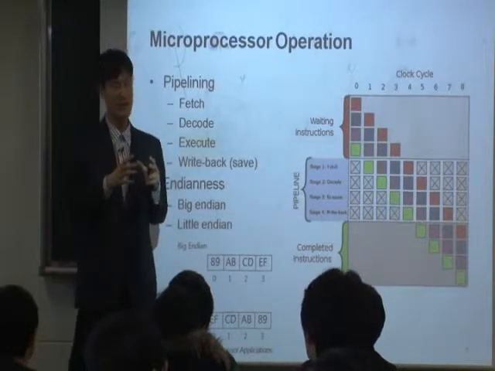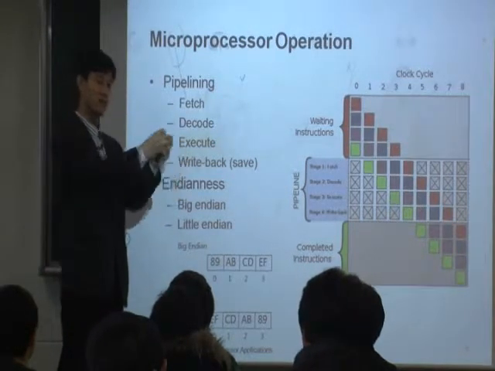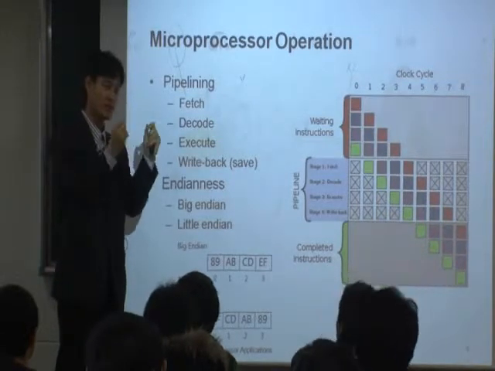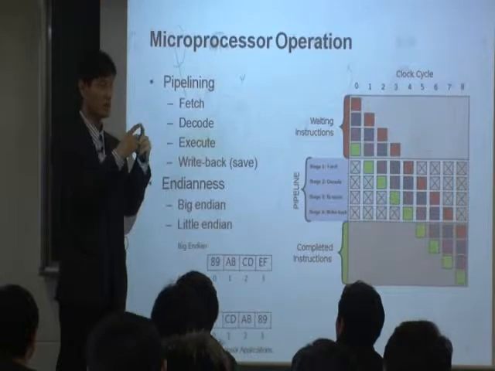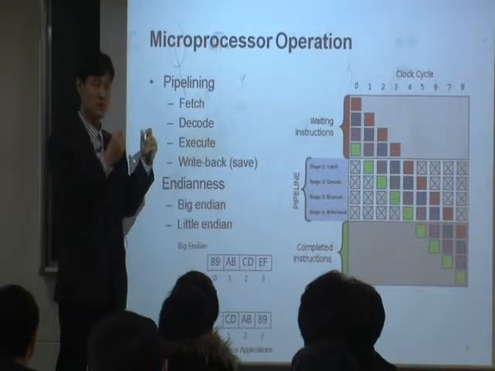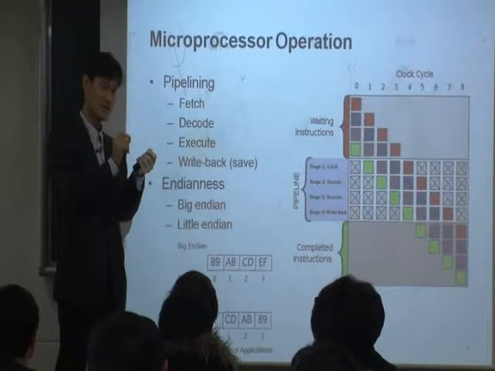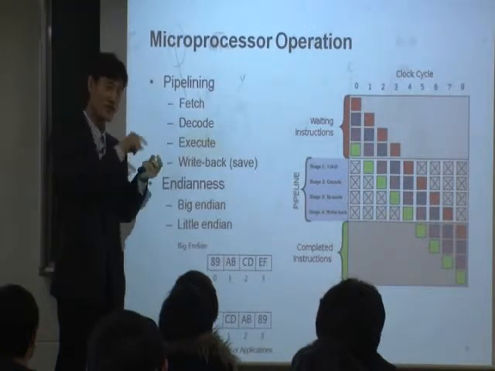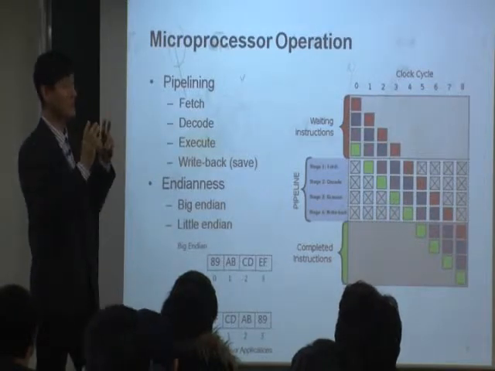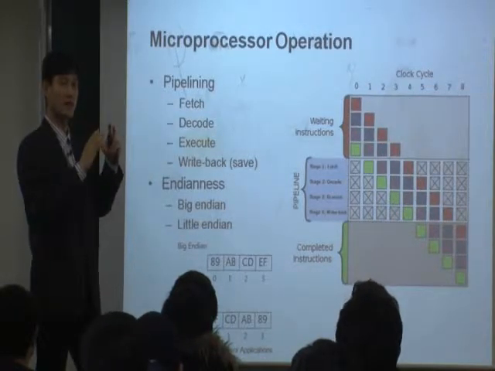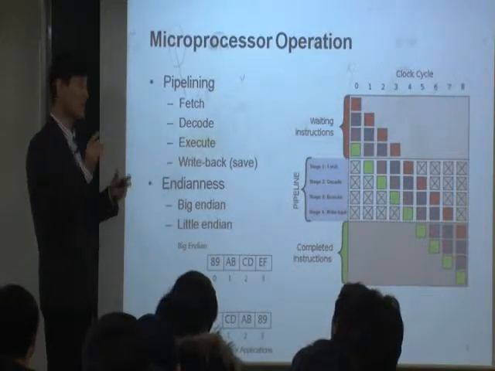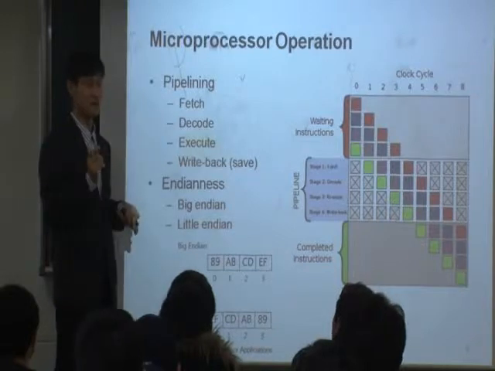Whenever you buy a CPU, like an Intel processor, probably there's a book inside, like a data sheet or specification of the processor. I don't think you read it, right? But if you read it, this book will give you a technical overview and specification of the processor. Then you probably see this word, pipelining.